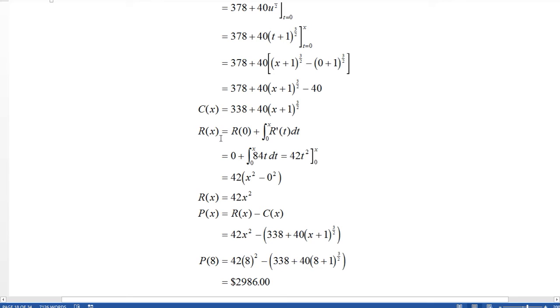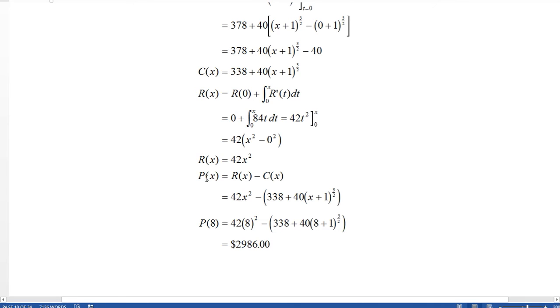The profit then is just revenue minus cost, so that's 42x squared minus this one here. I don't have to distribute the minus, I can leave it. P of x is 42x squared minus, parentheses, 338 plus 40, x plus 1 to the 3 halves. And then if I want to find the profit of 8 units, I can just plug in 8.